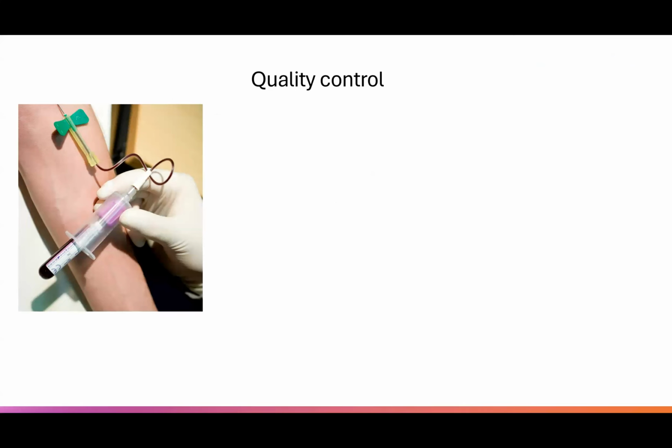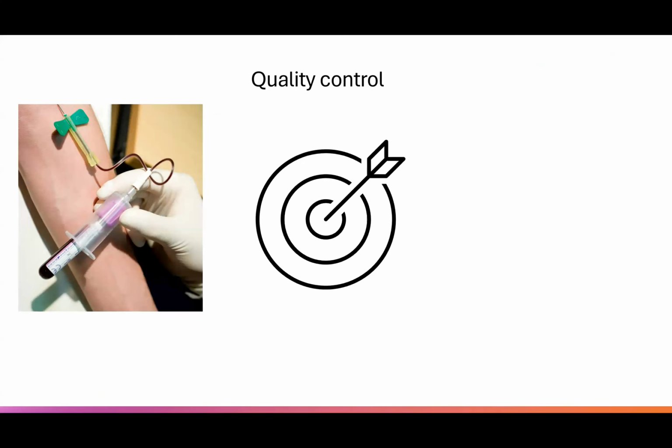We want to make sure for every test a patient has, so blood tests are the commonest, but not just blood tests, the results are both precise, so the same every time, and accurate, close to the target. And there are lots of parts along the patient pathway, which Matt talked about last week, where this can go wrong, even before a patient enters the room.